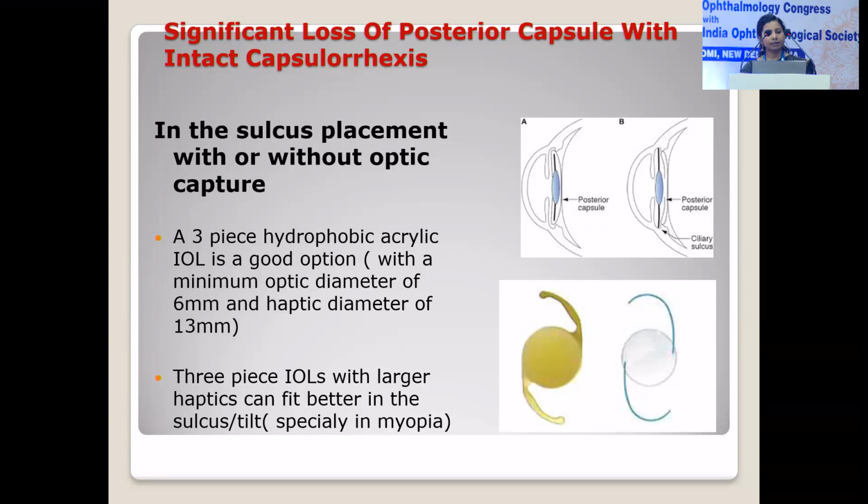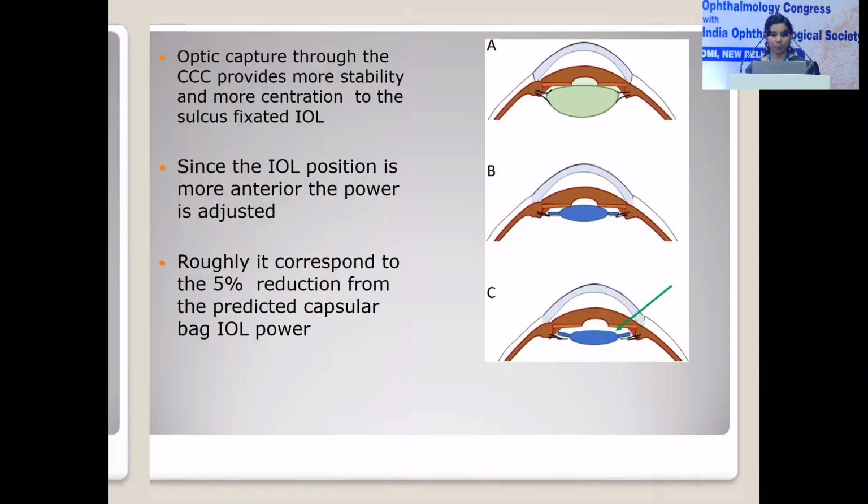So if there is significant loss of posterior capsule with intact capsulorhexis, sulcus placement with or without optic capture is the best option. Here the 3-piece hydrophobic intraocular lens is always preferred as it fits better in the sulcus, while the single piece lens, which is smaller in size, usually gets decentered, and its thicker haptic may cause iris chafing.